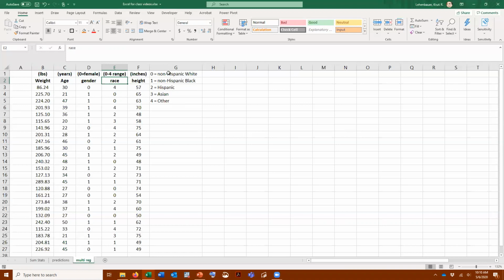It's just a number that is representing each race, okay? So you have 0 through 4. These are the categories for the race variable. Height in inches has been considered again. And since only adults have been considered for this, everybody over the age of 20, the heights are randomized between 48 inches and 75 inches.